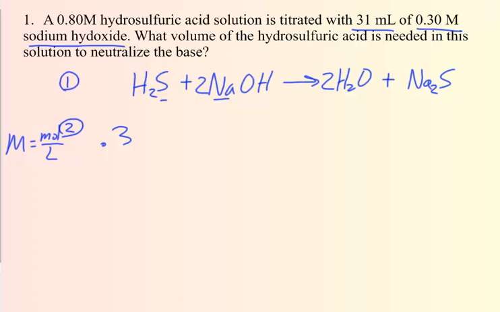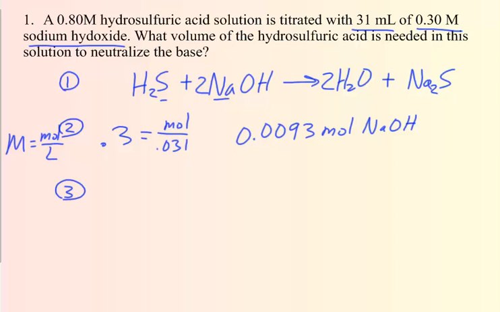So our molarity of 0.3 equals our moles of NaOH, which is what we're looking for, over the volume, which we convert into liters, so 0.031 liters. Doing your math, you end up with 0.0093 moles of NaOH.